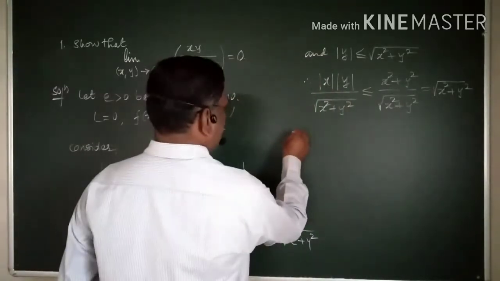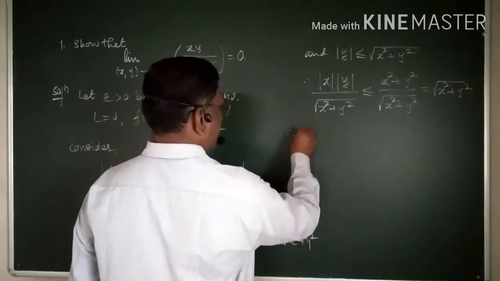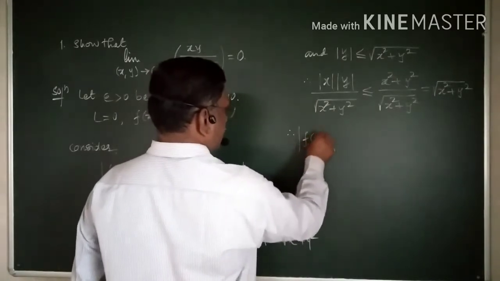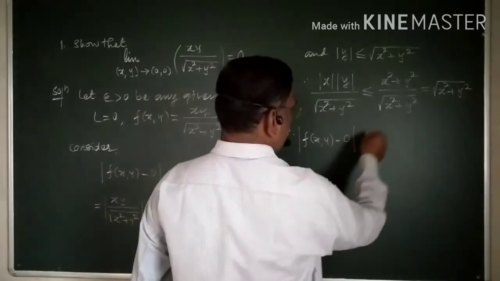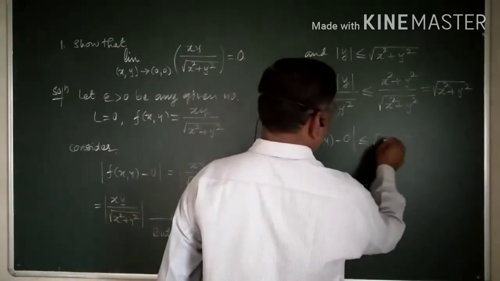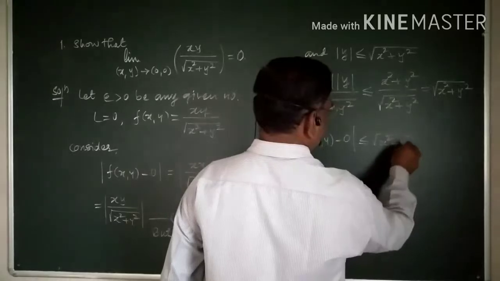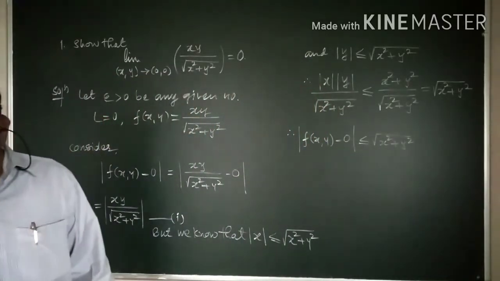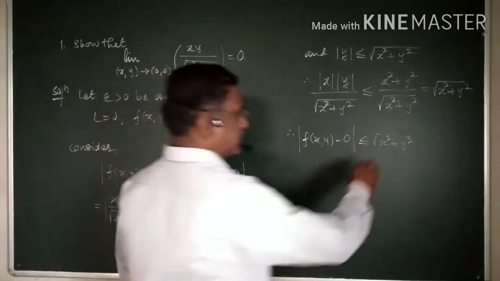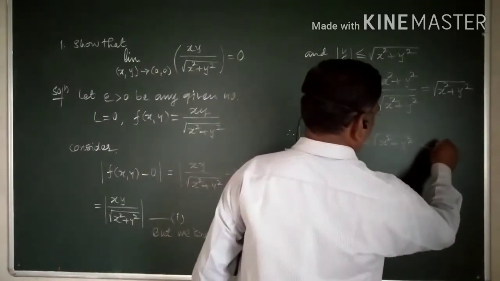Therefore, the absolute value of f of xy minus 0 is less than or equal to root x square plus y square, and this we want to be less than epsilon.